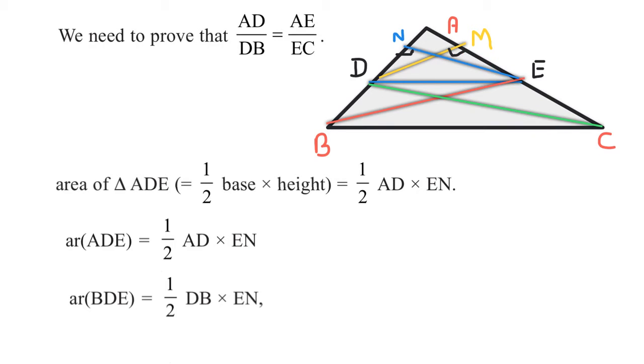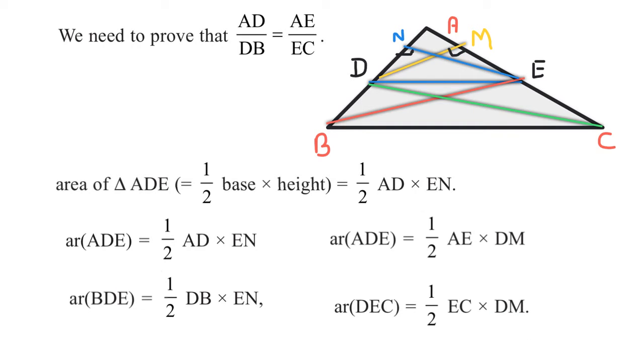DM. So area of the triangle ADE once again can be half AE, we are taking AE as the base now, times DM. Similarly, what will be the area of the triangle DEC? The base is going to be EC and the height is going to be DM. So area of the triangle DEC is going to be half EC times DM.